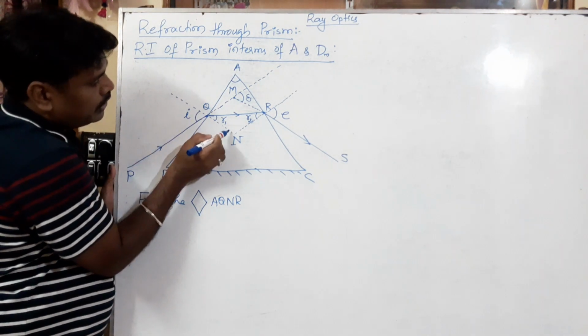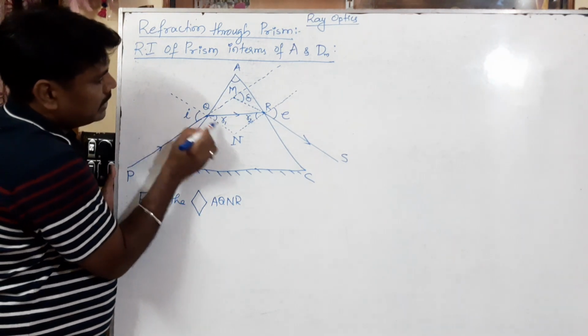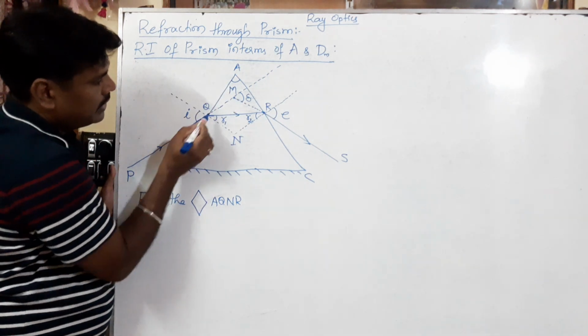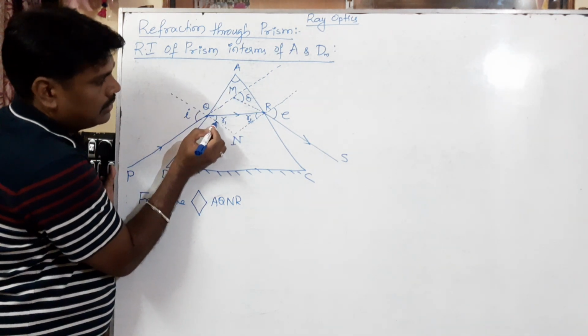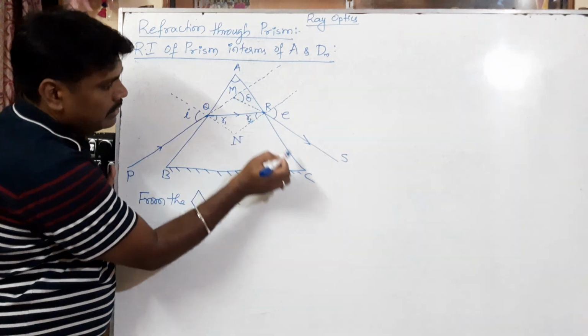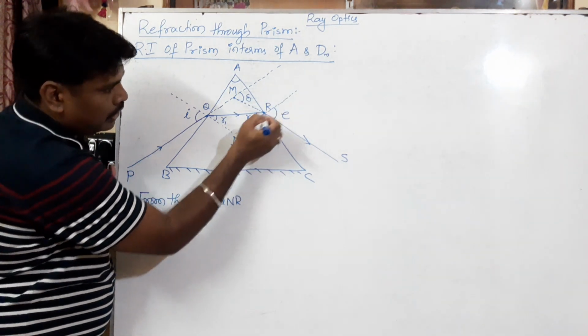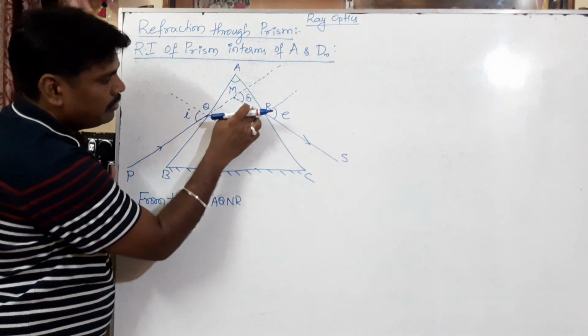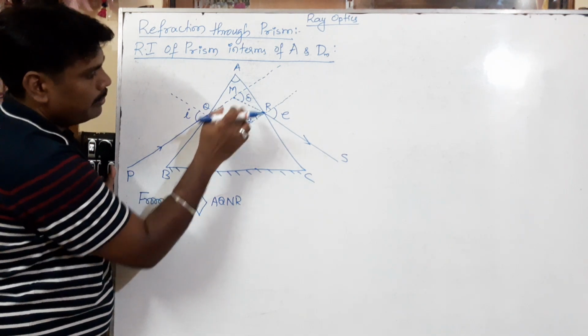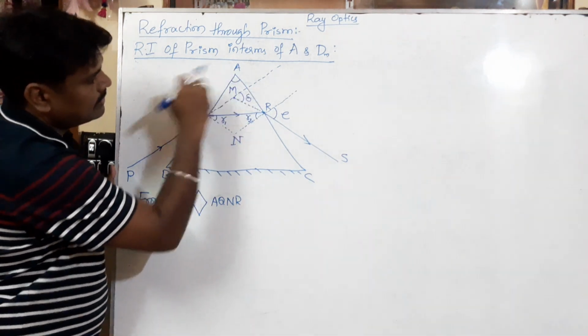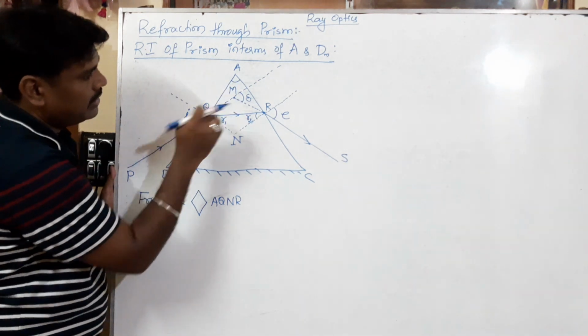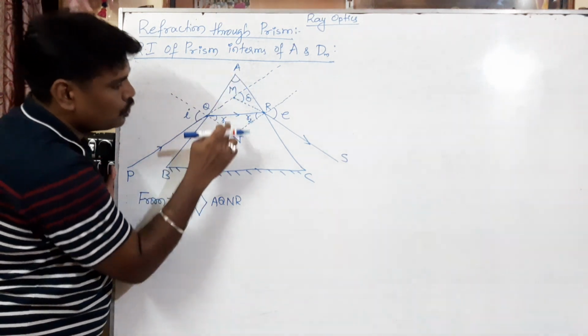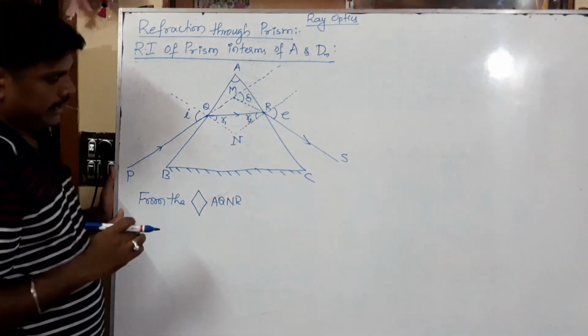We know that this is a normal. This line is perpendicular to AB, that's why this angle is 90 degrees. Similarly, for the surface AC, this is the normal, so this angle is also 90 degrees. The sum of these two becomes 180 degrees, so the remaining angles in this quadrilateral must also sum to 180 degrees.